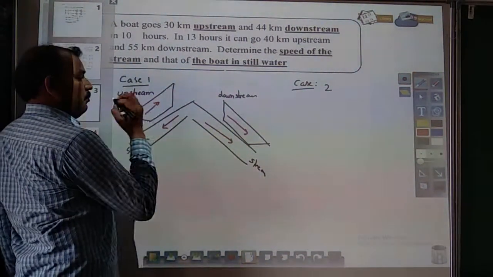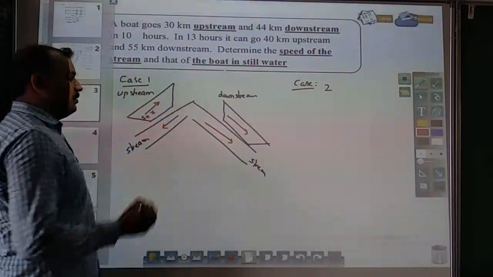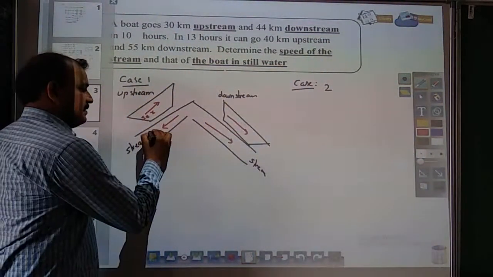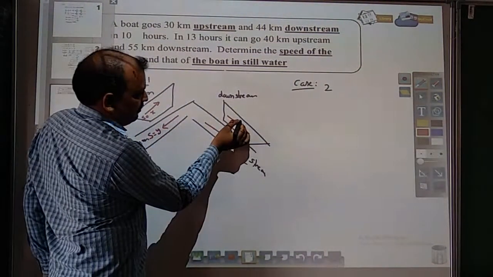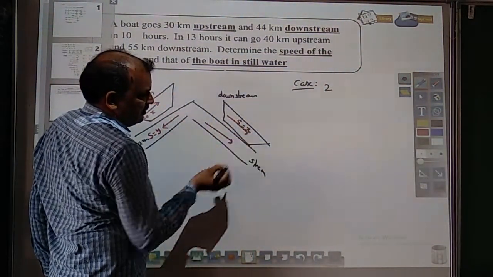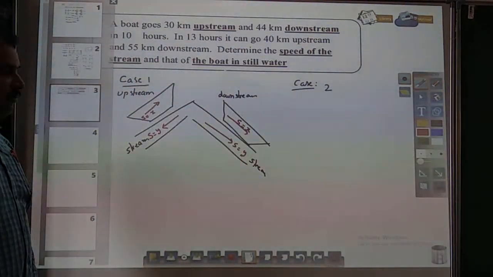Speed of the boat is x kilometers per hour. Stream speed is y kilometers per hour. How do we know that?